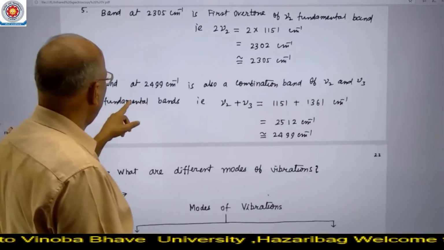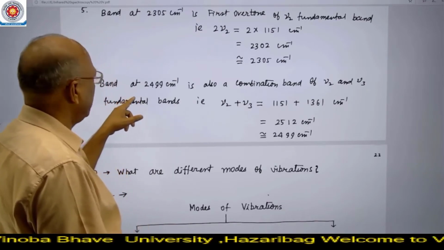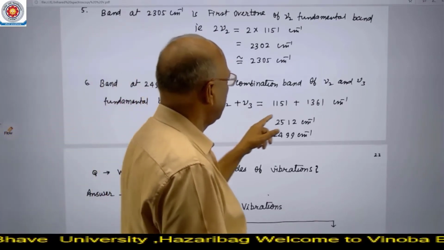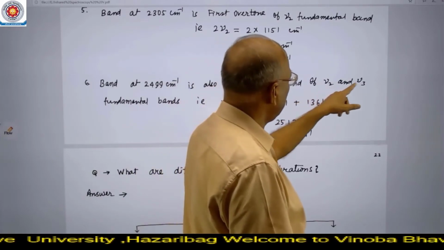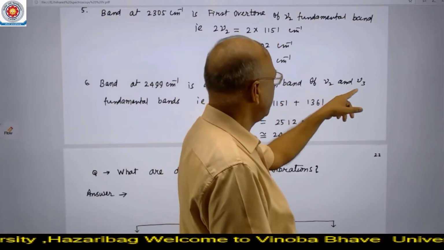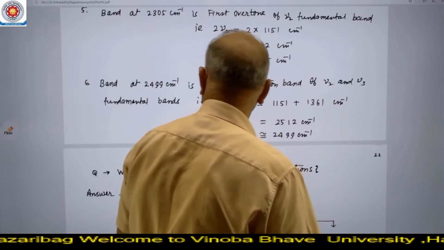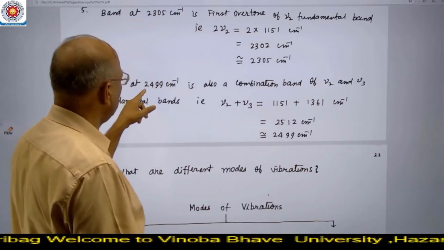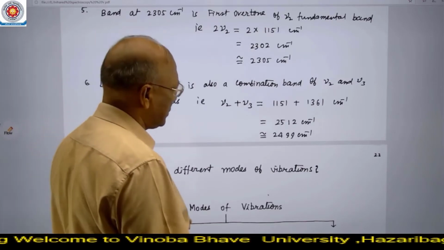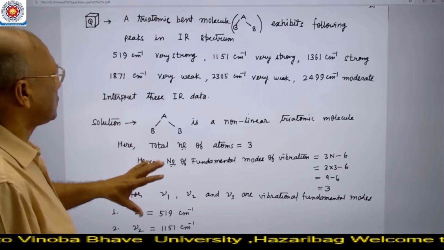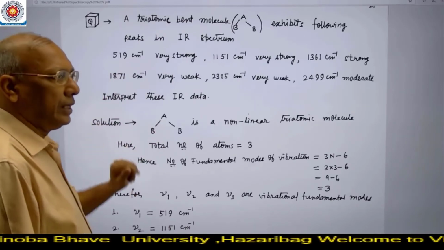Now there is another, moderate band at 2499. If we add the values of nu2 and nu3, we get 2512 per centimeter, which is very close to 2499 per centimeter. Thus, we can explain the peaks obtained at different levels.